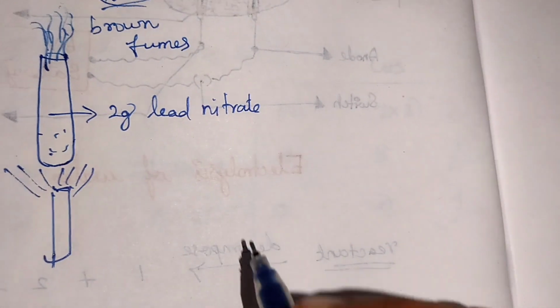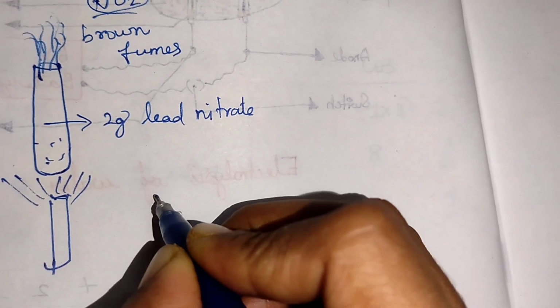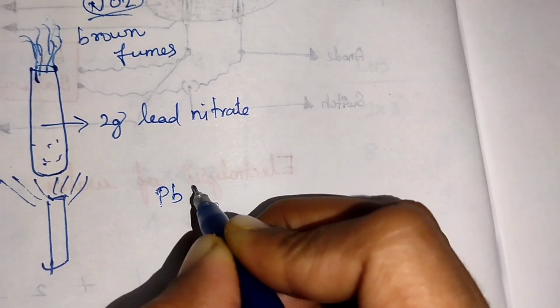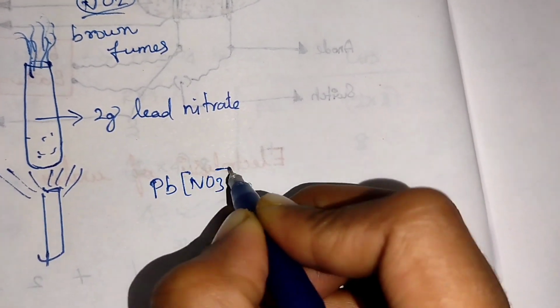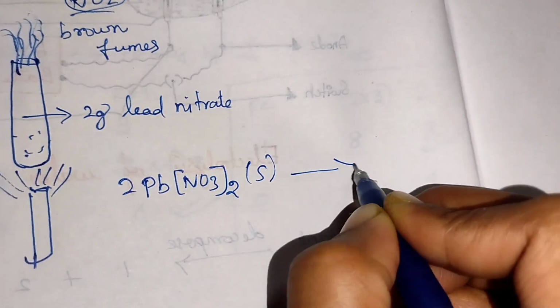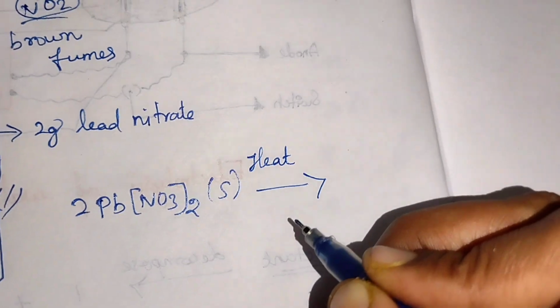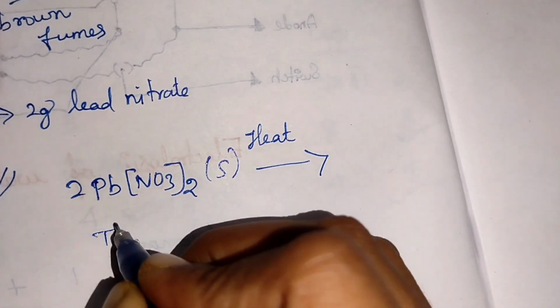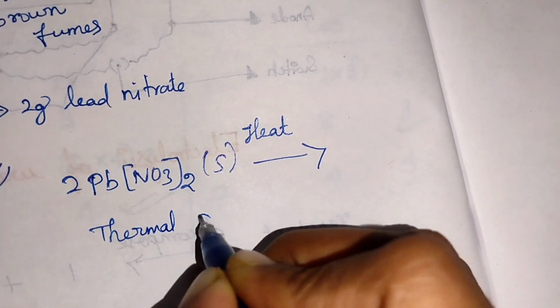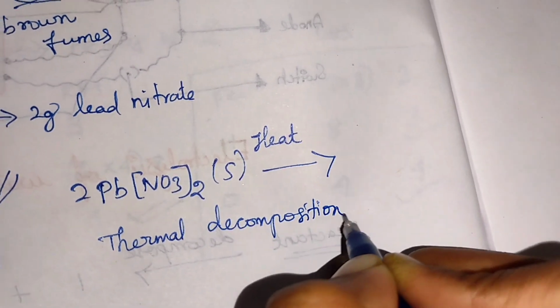I will write this as an equation. Lead nitrate formula is Pb(NO3)2, and this is solid. I am heating this. When heat is involved in the reaction, the decomposition reaction is known as what? Thermal decomposition.